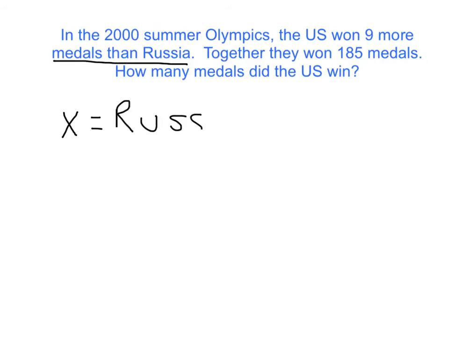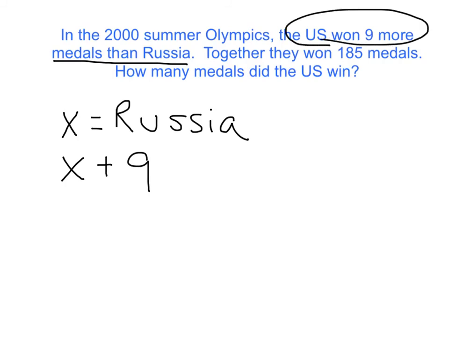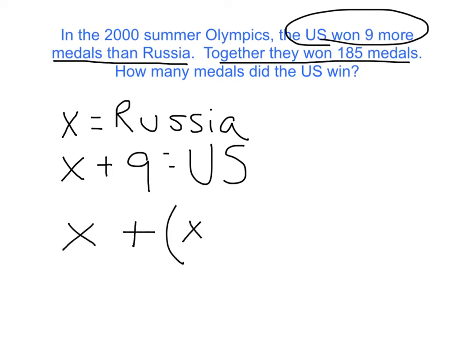Okay? So if x is Russia, then that would make x plus 9, because the U.S. won 9 more, would be the U.S. And then we have together they won 185. Well, that tells us that we are going to do x plus x plus 9, because that's together, they won 185.